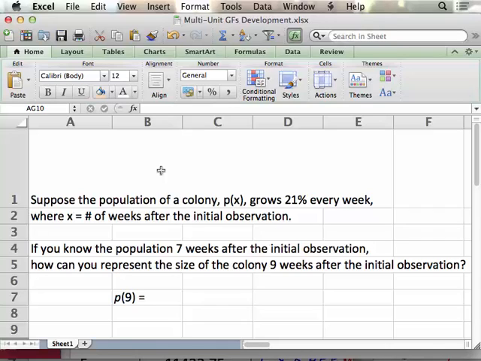For a lot of you, that's going to be your inclination on how to solve these problems. You're going to try to take the initial information and put together a function, right? A, b to the x, that's our form for exponential growth. That's what we've been working on.